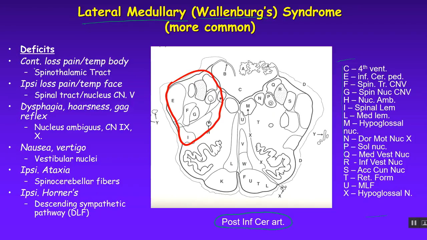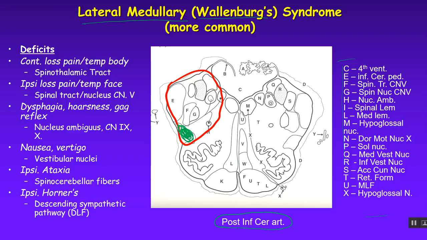You get contralateral loss of pain and temperature via the spinal lemniscus or spinothalamic tract. So in this particular region of the body, our spinal lemniscus is right here. So you may want to change that to spinal lemniscus.